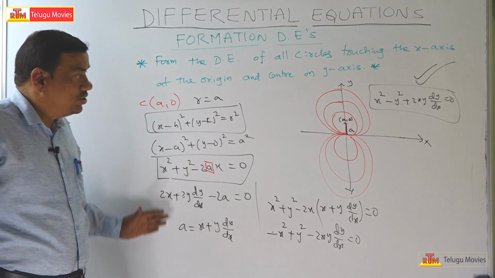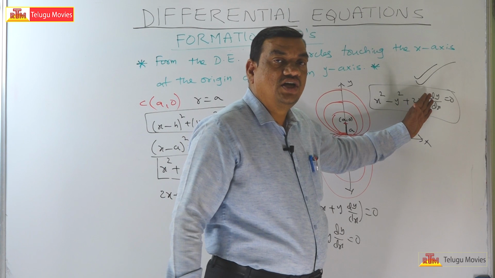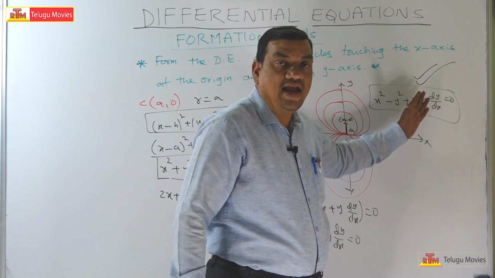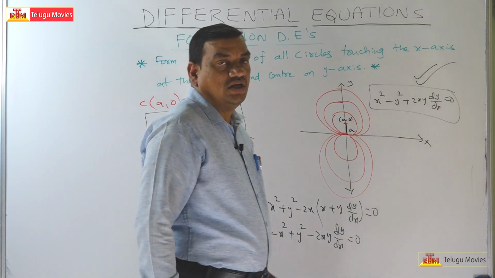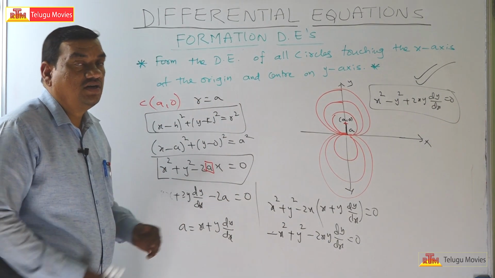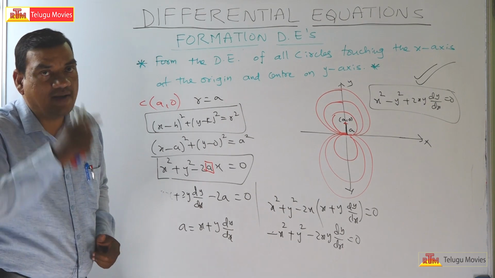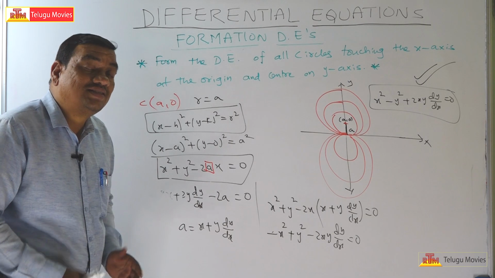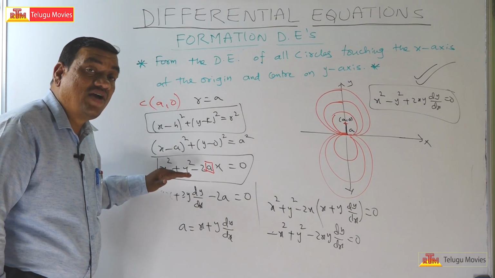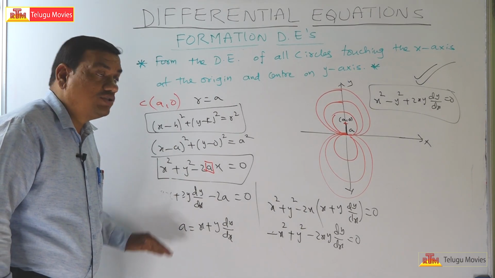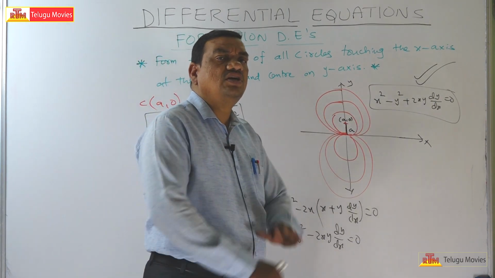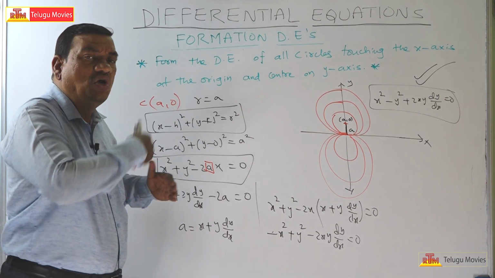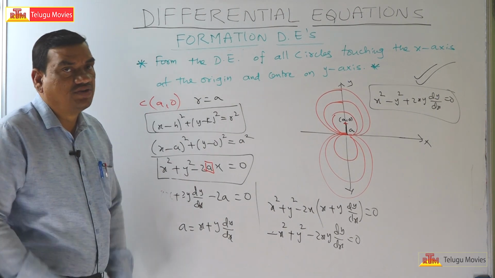Given an equation, you can find the differential equation. Anybody can do that. It is not at all a difficult task. If you have one constant, differentiate with respect to x one time and that constant will be removed. If you have two effective constants, differentiate the equation of the family of curves two times and you will get a differential equation. There is one and only one procedure, simply going on differentiating.